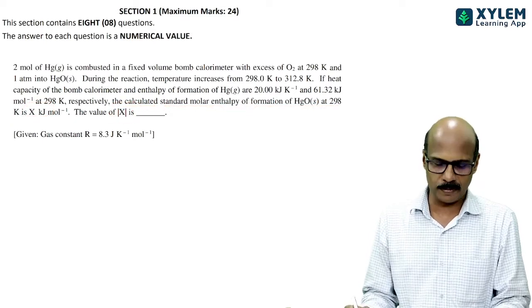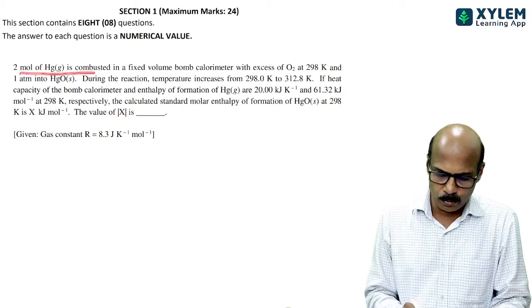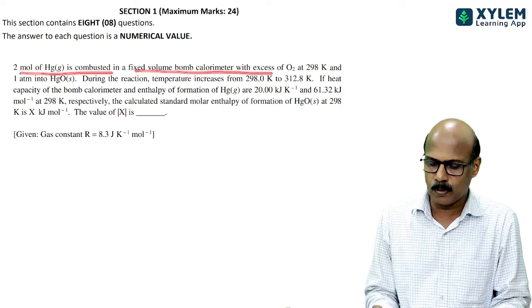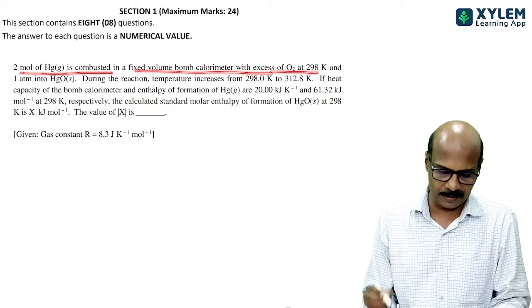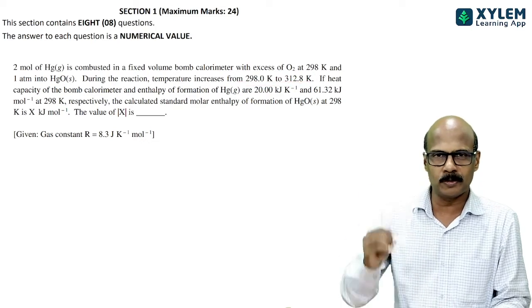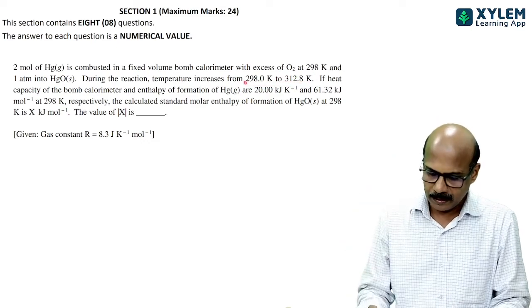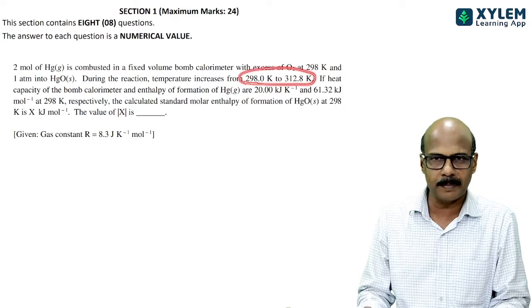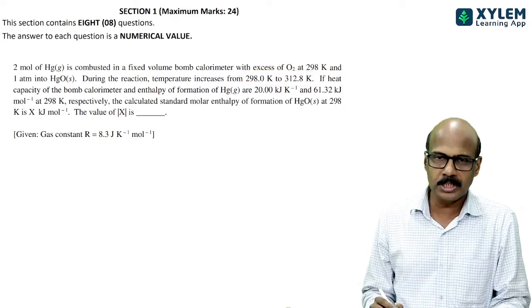What is the given information? They say 2 mole mercury vapor is burned in the bomb calorimeter with excess of oxygen at 298 Kelvin, so that the bomb calorimeter possesses a rise in temperature of 14.8 Kelvin. Am I right? And what about the heat capacity?